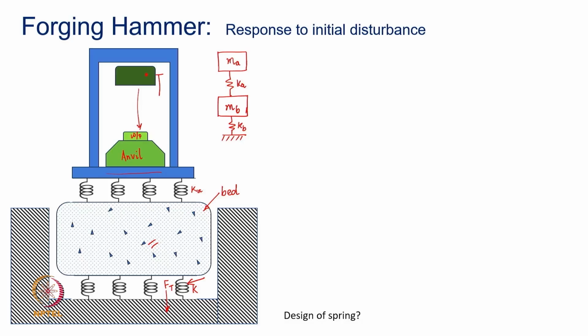Otherwise, if you make it too complicated, you will take much longer time to calculate and then estimate the response and find out too many natural frequencies which are not necessary or may not be essential.